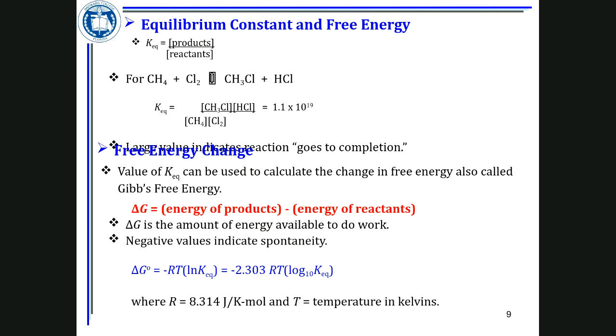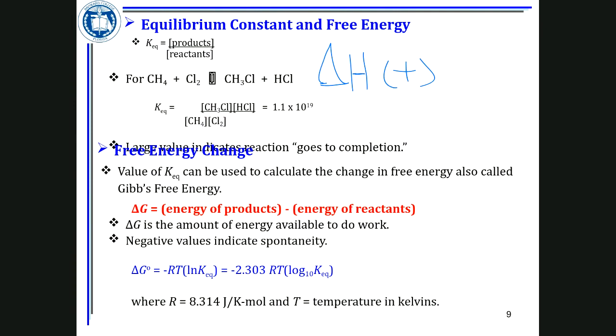Then we want to learn about the thermodynamic. What are the values that are most of our concern when we study thermodynamic of a reaction? When we study thermodynamic of a reaction, we want to know about delta H for the reaction. What is delta H? Delta H is the energy of the reaction, or the energy change for the reaction. A positive value for delta H means this reaction is an endothermic reaction.